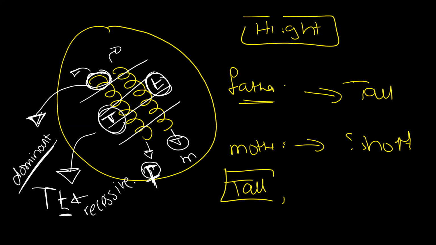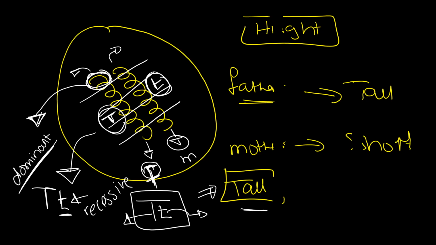So you inherited this genotype. I'll tell you what genotype is in a minute. You inherited one gene from your father that wants you to be tall, and this gene is dominant over the recessive one that you inherited from your mother. So you will be tall or short? Tall. Very good.